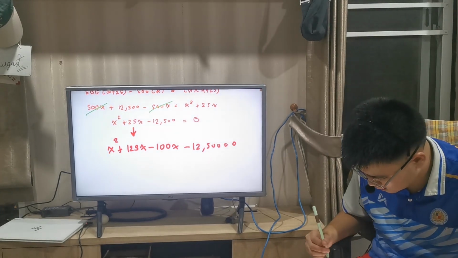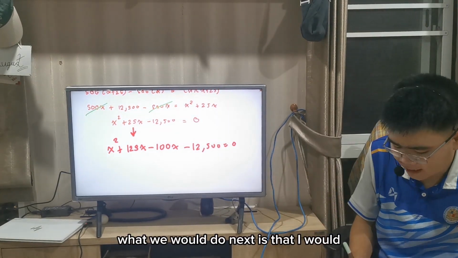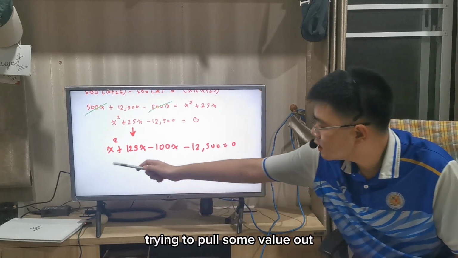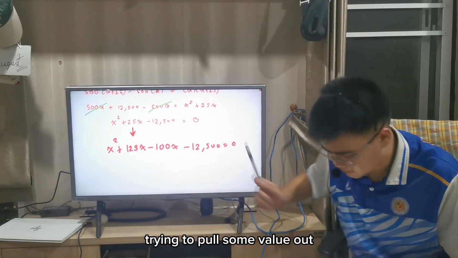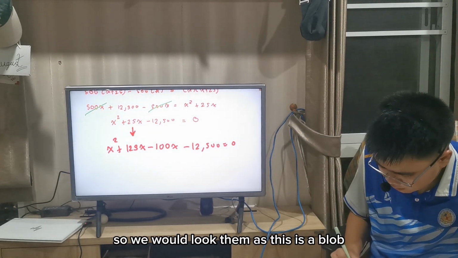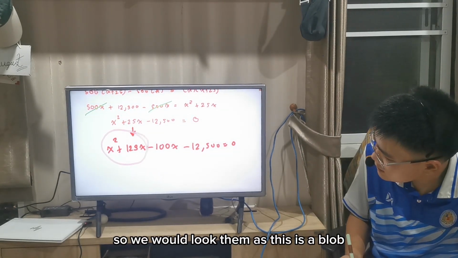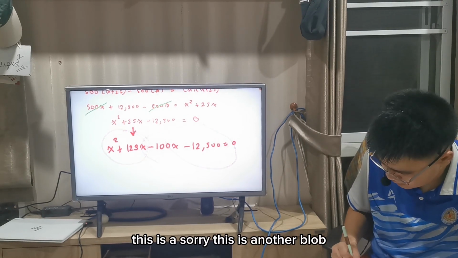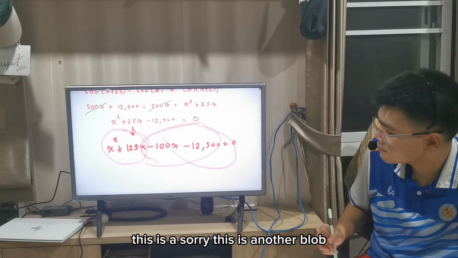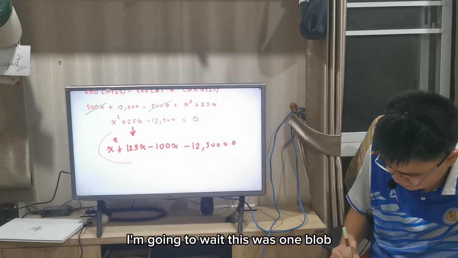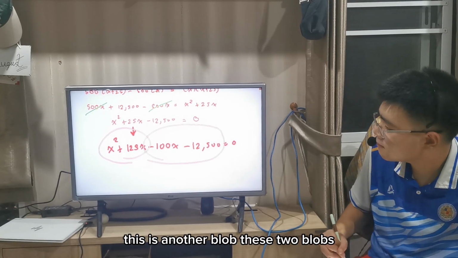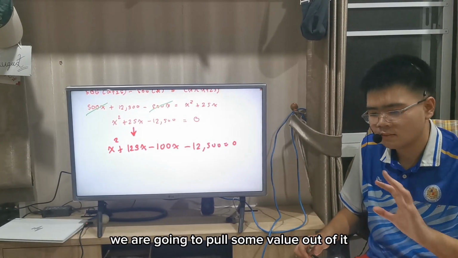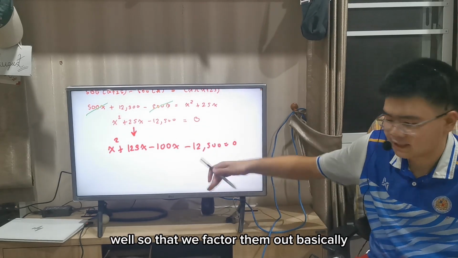Now, what we would do next is try to pull some value out. We look at this as one blob, and this as another blob. These two blobs, we are going to pull some value out of so that we factor them out, basically.